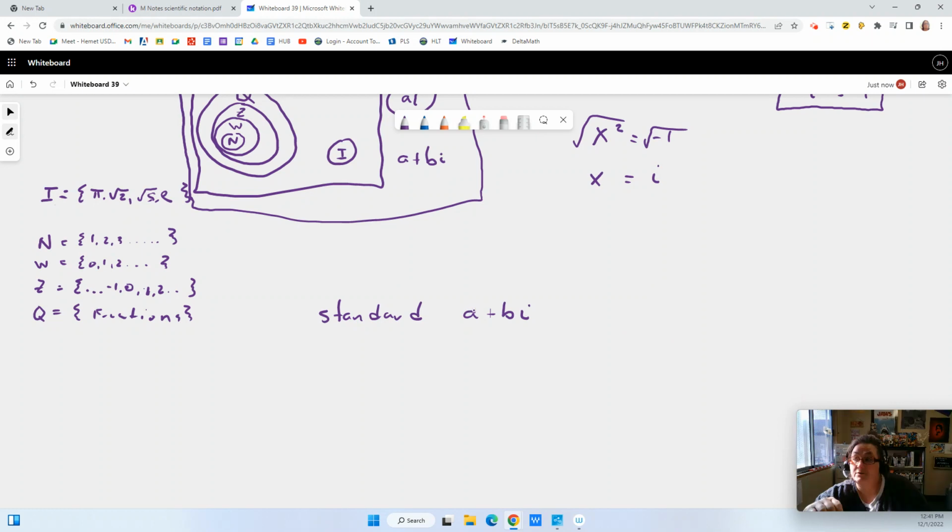So when you're putting them in order, if you put them in the wrong order in WebAssign, the reason I'm hammering this in is I don't know if it'll give you the right answer if you don't have it in the standard form. We'll see this better when we're talking about actual problems, but I just wanted to make that clear before we got going. You have your real component plus or minus your imaginary component.